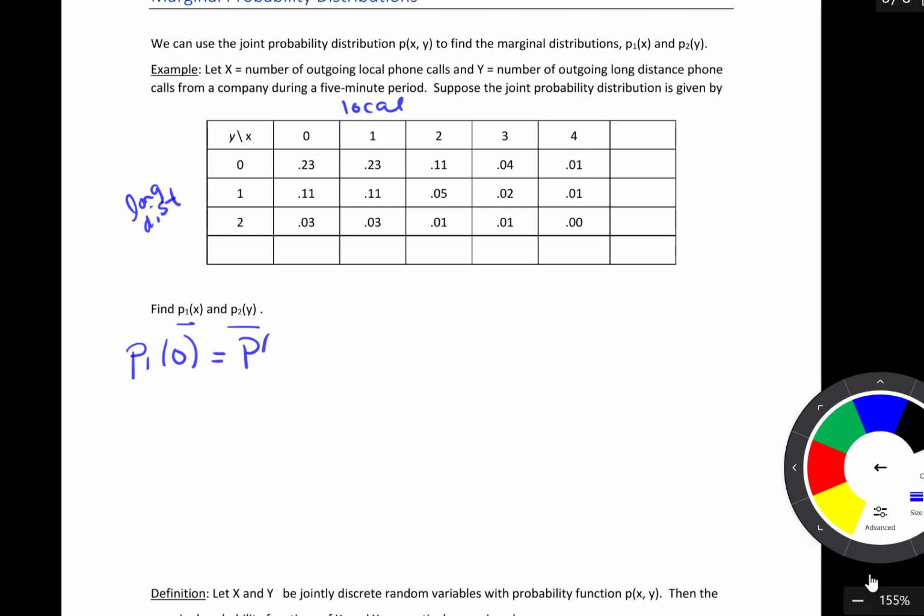So in other words, the probability that x is equal to 0 is equal to the probability that x is equal to 0 and y is equal to 0, plus the probability that x is equal to 0 and y is equal to 1, plus the probability that x is equal to 0 and y is equal to 2.